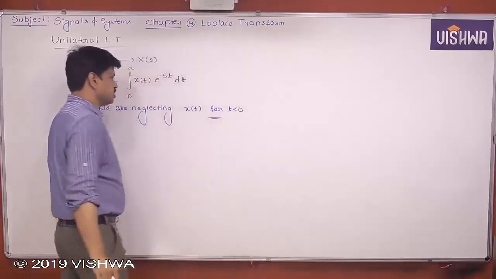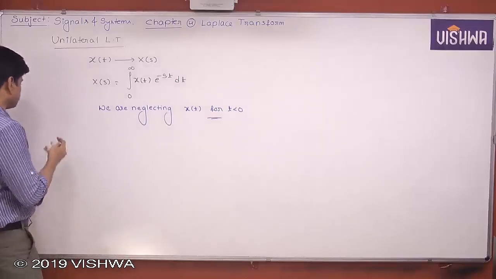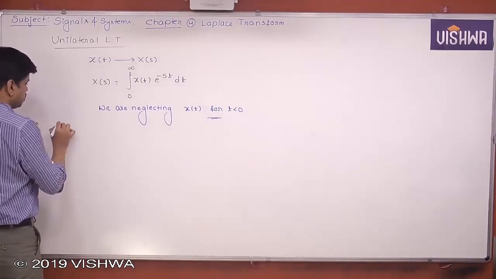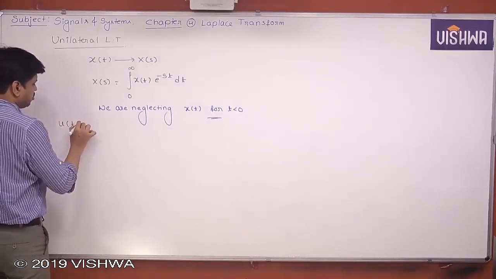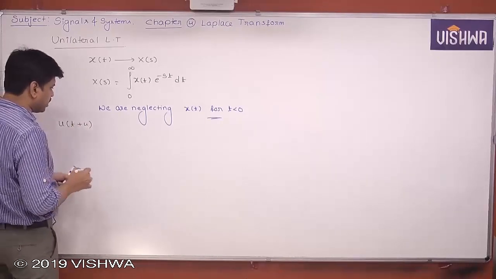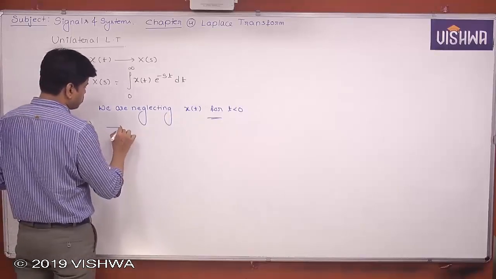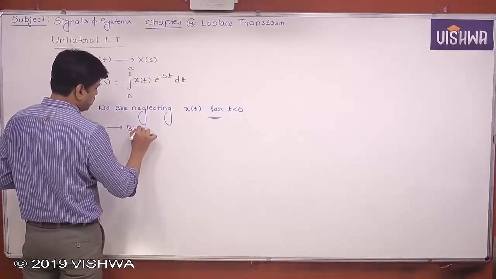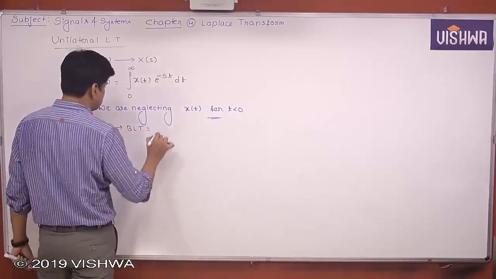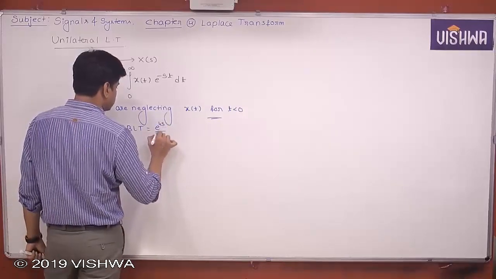That's the meaning of it. What do you mean by that? Suppose I give one example, u of t plus 4. For this one, what is the bilateral Laplace transform if I ask? The bilateral Laplace transform is equal to e power 4s by s.